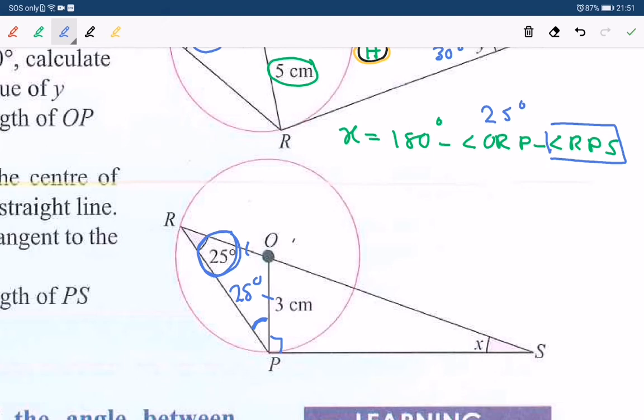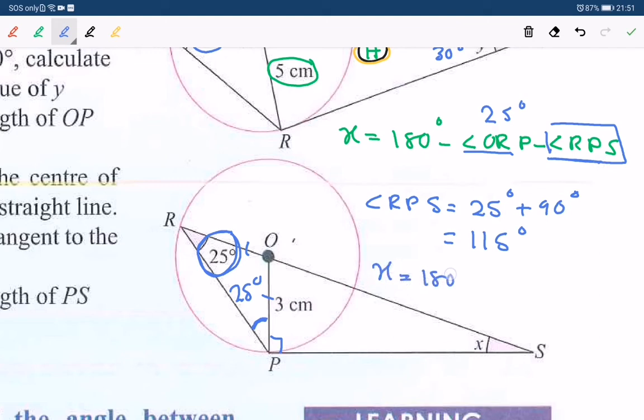So the angle of RPS equals 25 degrees plus 90 degrees, so RPS equals 115. Now we have this value and this value, so we can find x, which is equal to 180 minus 25 minus 115.